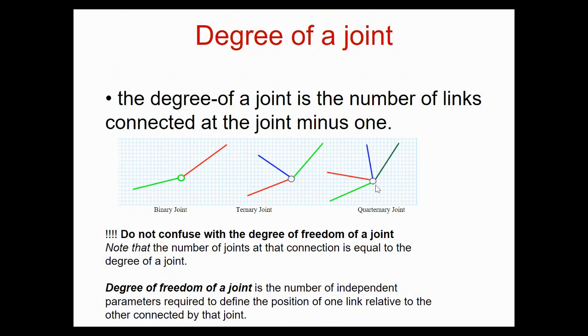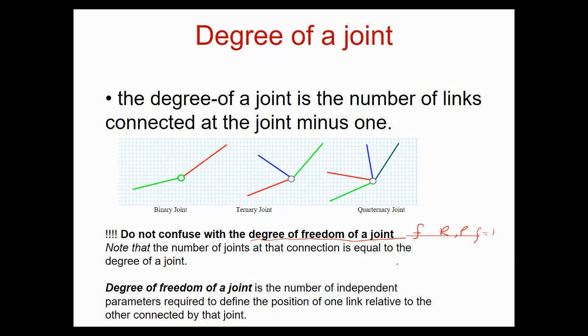Okay, now we talked about degree of freedom of a joint. The degree of freedom of a joint, which we talked about until now, is what we call F. For example, for R and P, F is 1.